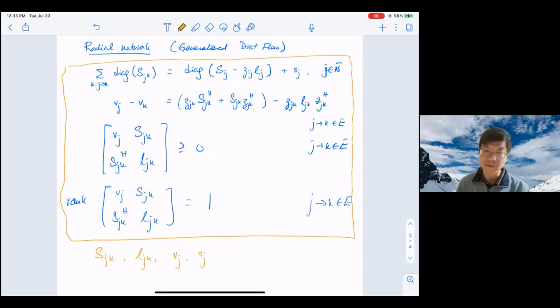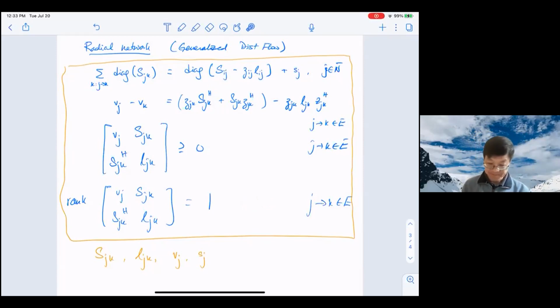If it is an OPF problem, this can be part of the optimization variables. So these are the variables. In terms of these variables, this is linear. This is linear. This is convex. This is, again, the only non-convex constraint, right?